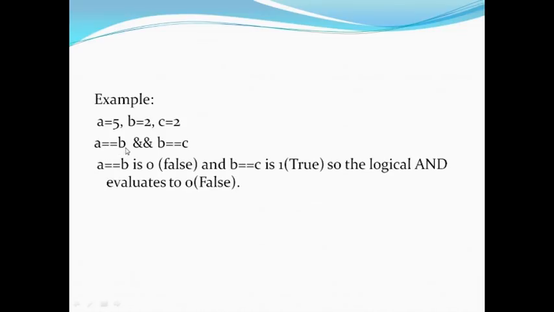A is equal to B, logical AND operation, B is equal to C. A is equal to B, that is 5 is equal to 2, which is 0, that is false, and B is equal to C. B is 2 and C is 2. 2 is equal to 2, which is true, so it will evaluate to 1. Now 0 logical AND 1 will be equal to 0, that is false.